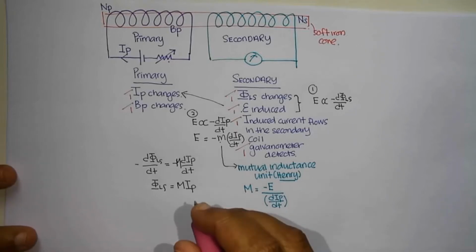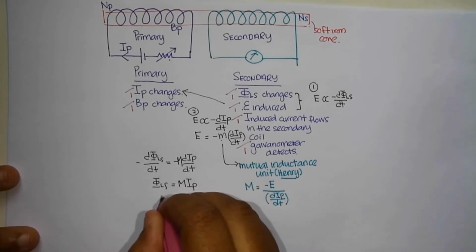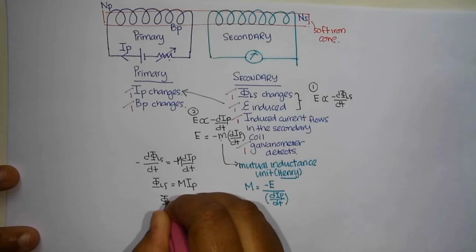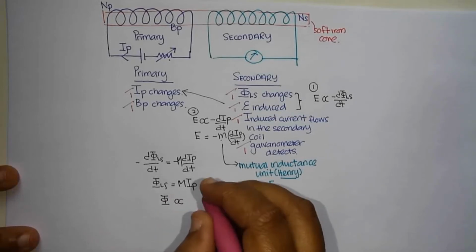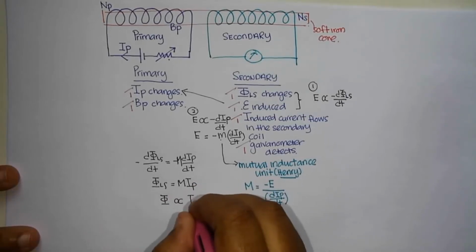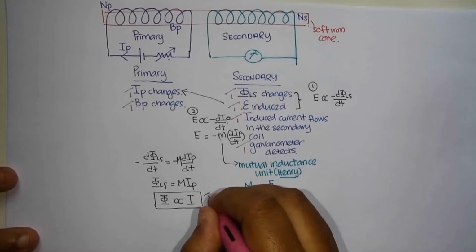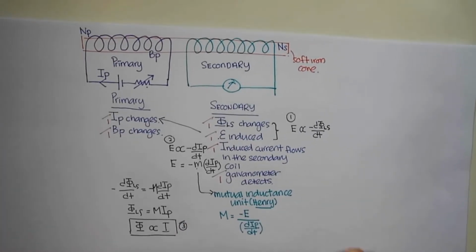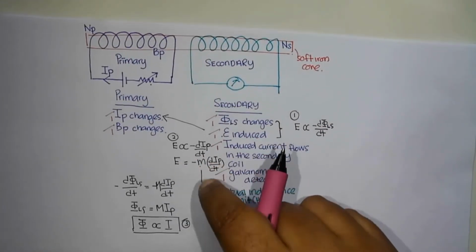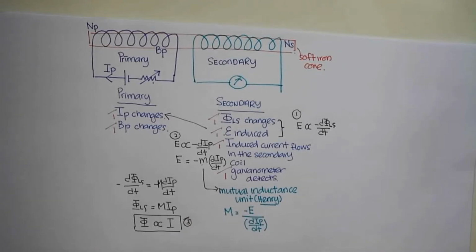So from here I can say that the magnetic flux linkage is directly proportional to the current, which gives you the third concept. Okay, the first, the second, and the third concept of understanding the phenomena of mutual inductance.